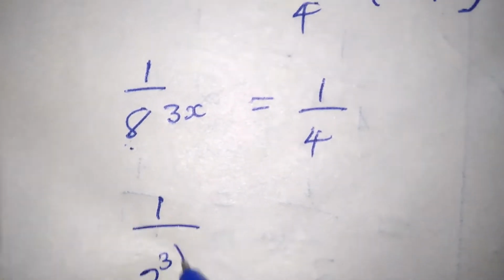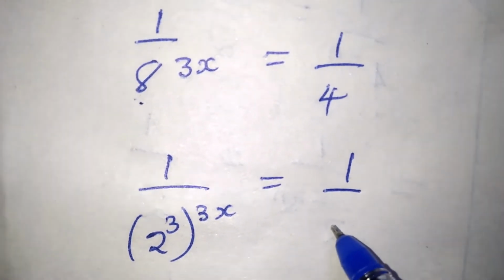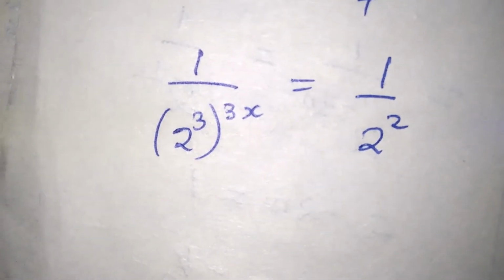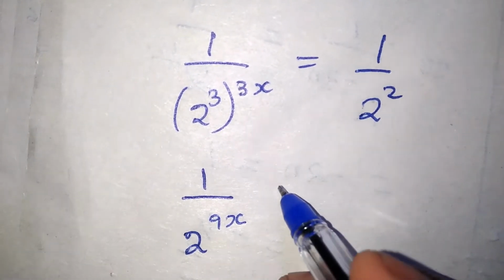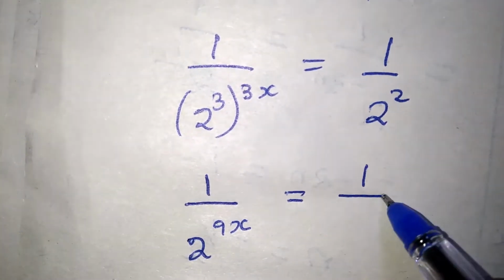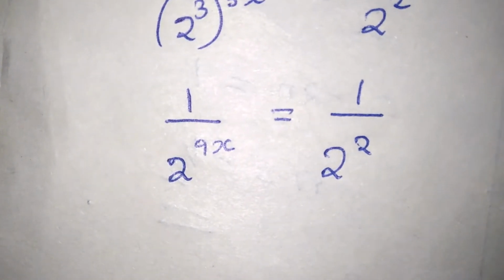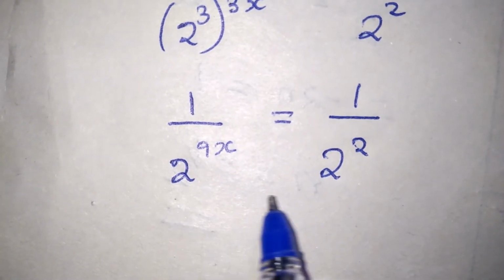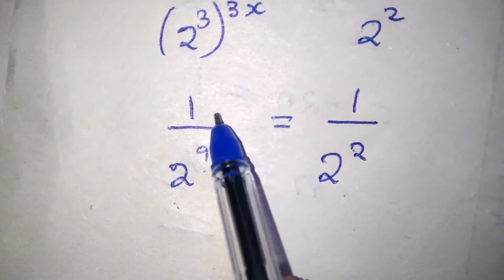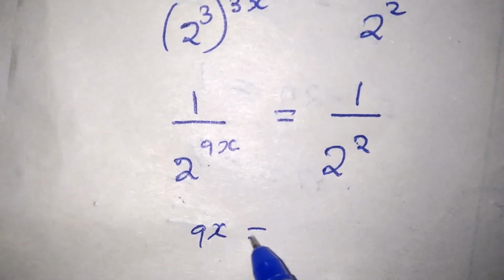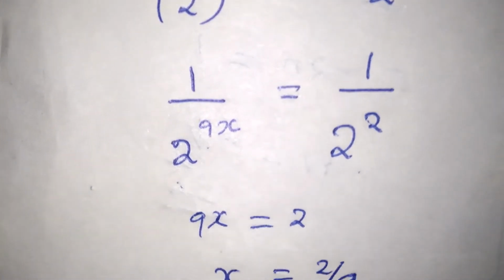So we have 2 raised to 3 raised to 3x is equal to 1 over 4, which can be written as 2 raised to 2. So here we open this bracket and get 1 over 2 raised to 9x is equal to 1 over 2 raised to 2. Then in this case, since the bases of the denominators are equal, we can equate the powers of the denominators also, and we get 9x is equal to 2, x is equal to 2 over 9.